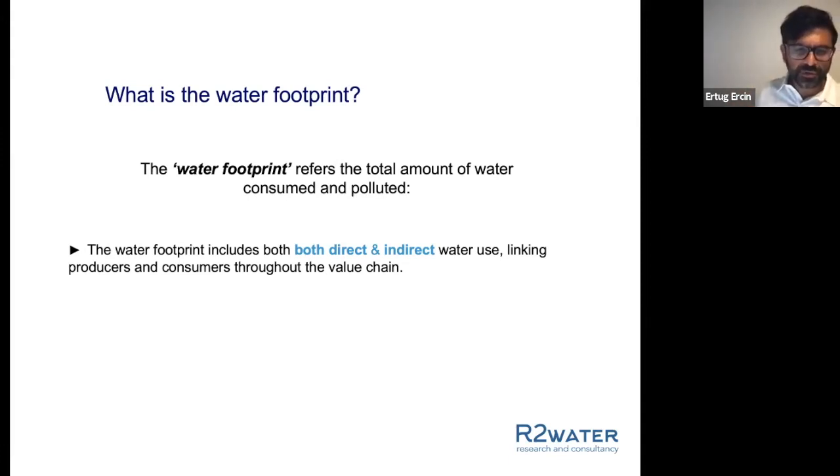Another important element water footprint brings is that it is not just your direct water use. What we see is for many products, in the production chain, people forget about their suppliers and supply chains. If you just have one factory, of course, you get X amount of water, give Y amount of water back.